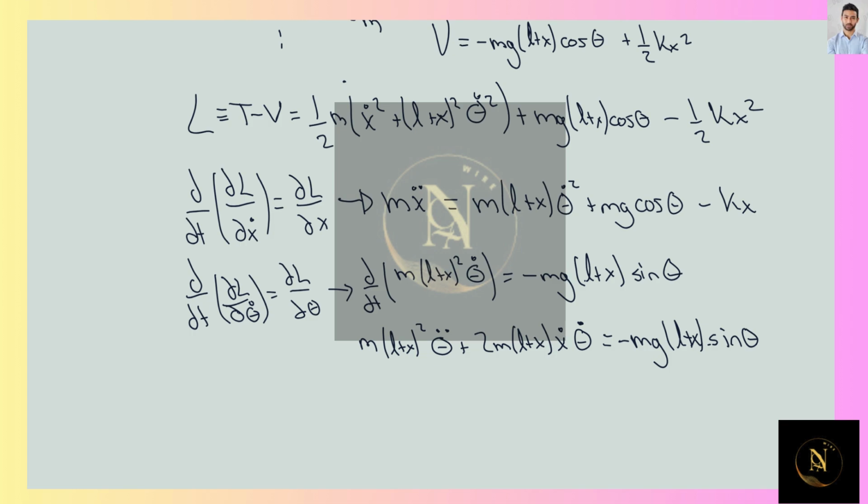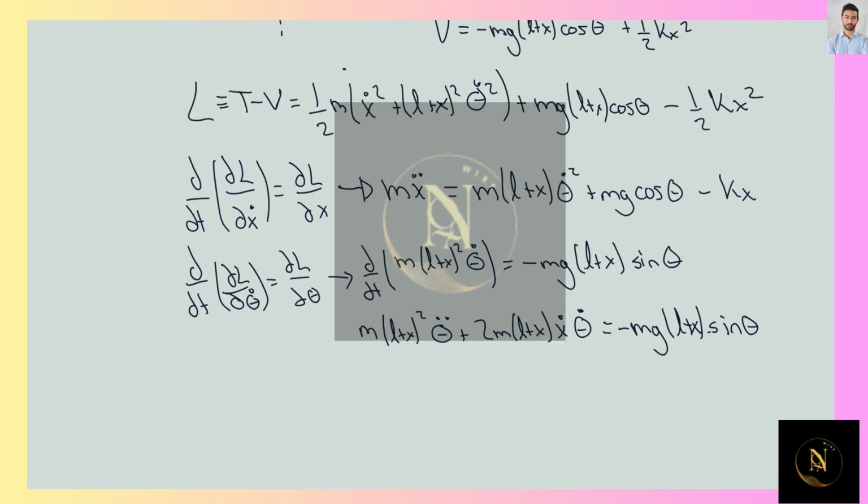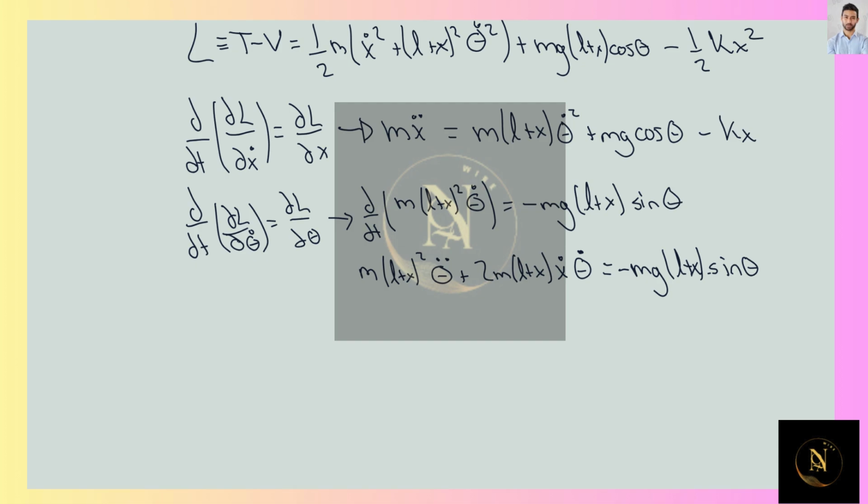Here, realize that we have L plus x multiplying on both sides, so we can simplify this a little bit, and we're going to get m (L plus x) theta double dot plus 2 m x dot theta dot equal to minus mg sine of theta.